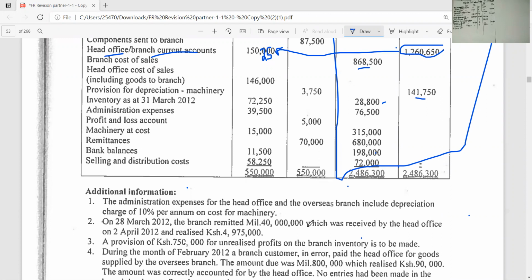The cost of machinery for the branch is 315,000, so 10% of that is 31,500.